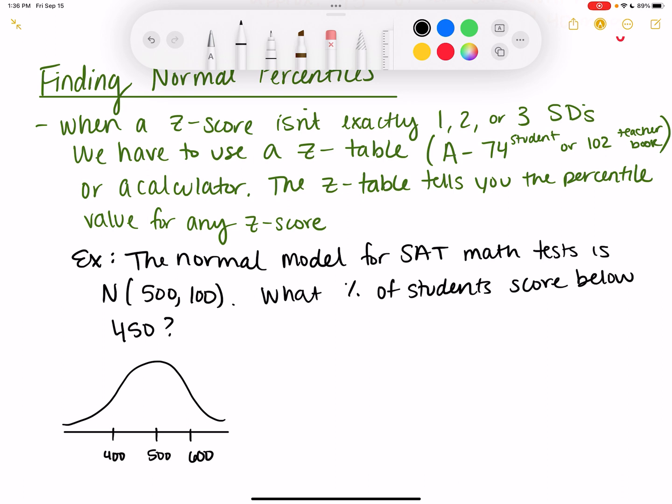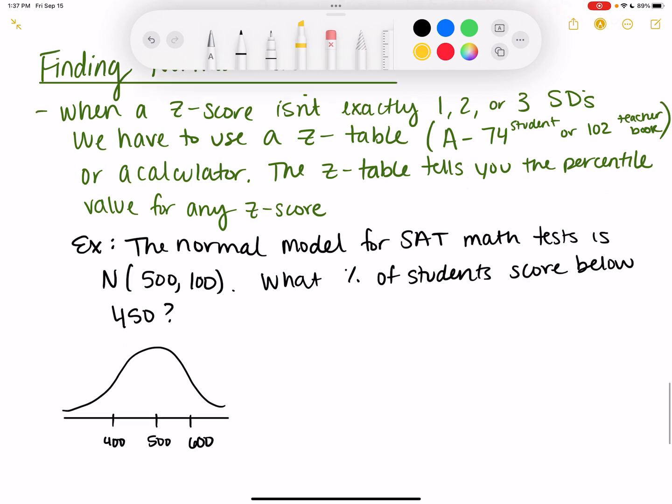All right, now this picture wouldn't be given to you. You would be drawing it yourself, but we're told that the average is 500, standard deviation of 100, so I'm going one standard deviation away. I'm not drawing all the other ones. It's not really necessary. So I need below 450. So I'm looking at basically this area in here.